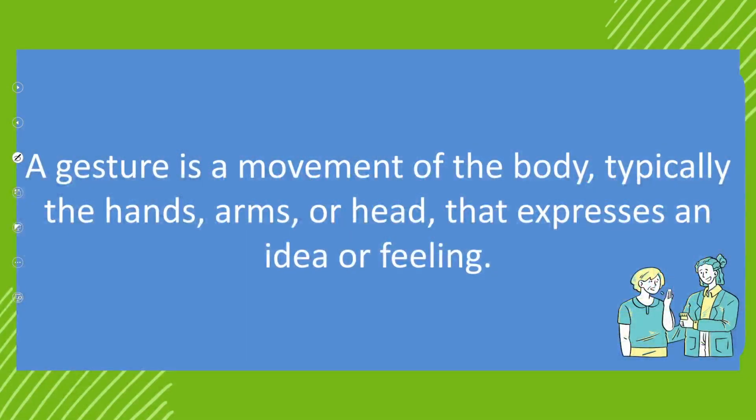Next, let's talk about gestures. A gesture, when you are acting out a role or playing a character, is a movement of the body, typically your hands, arms, or your head, that expresses an idea or feeling.